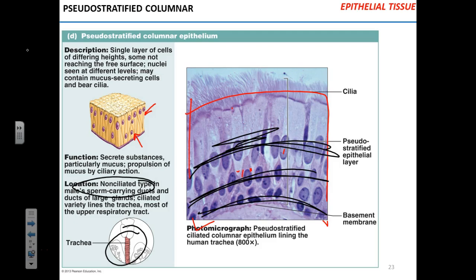And goblet cells will start producing mucus at a higher level in the hope to catch them, immobilize them, prevent them from spreading, so that you can snort them out. Make sense? If you have an irritation in the trachea, mucus production will go up. Because an irritant may be dust, and we need to keep dust from getting into the lungs, so mucus goes up.